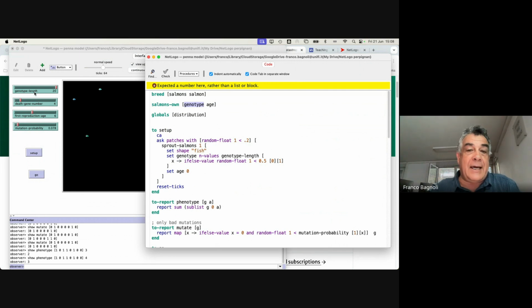Ones are genes that have at least one bad mutation, so they are not working. And these genes are activated one after the other, given the age of the salmon. So at birth they activate gene zero. After 1 year, they activate genes 0 and 1. After 2 years, they activate 0, 1 and 2, and so on.